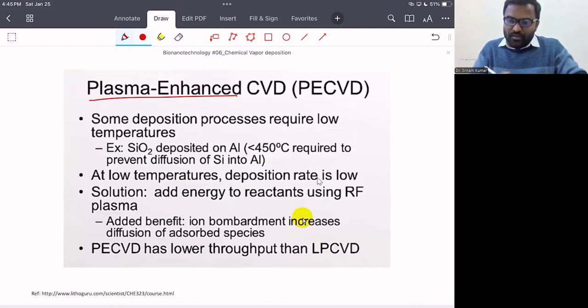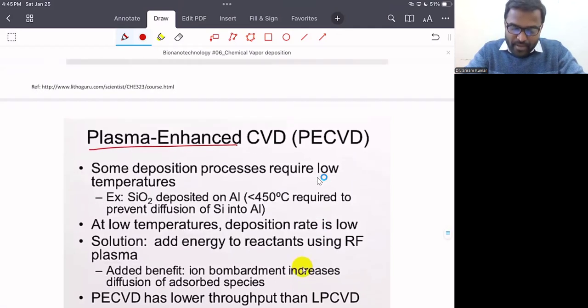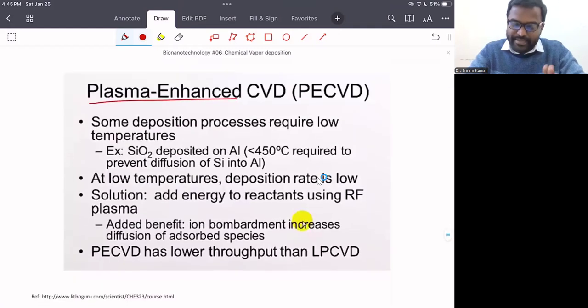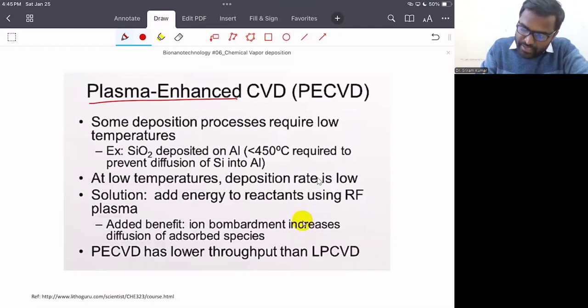Okay. So here we have another kind of technique, the plasma enhanced CVD technique. In this technique, we don't need to heat our sample to very high temperature. So in this particular technique, we can use materials which are temperature sensitive. For example, if you want to deposit SiO2 on aluminum, the problem is that aluminum cannot work beyond 450 degrees Celsius.